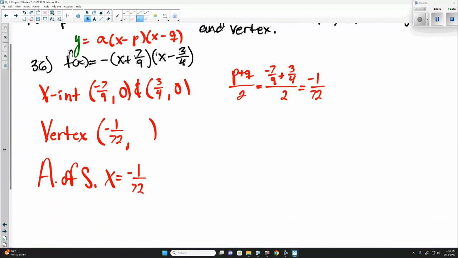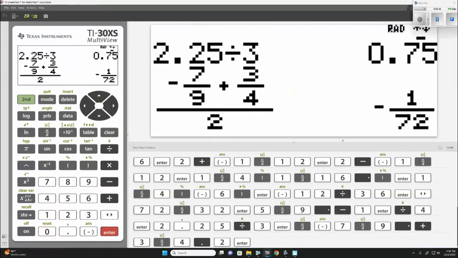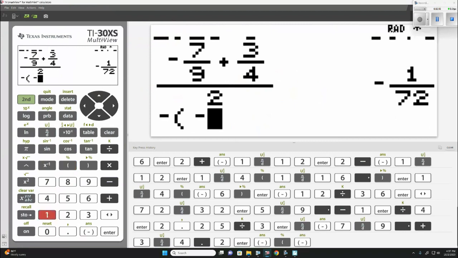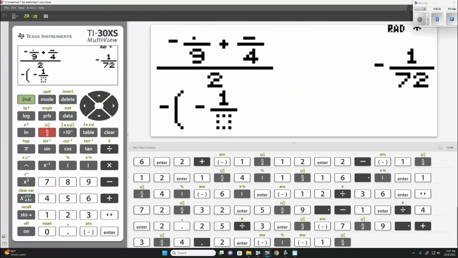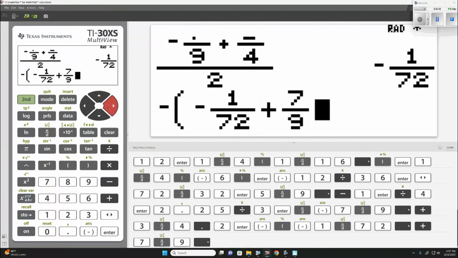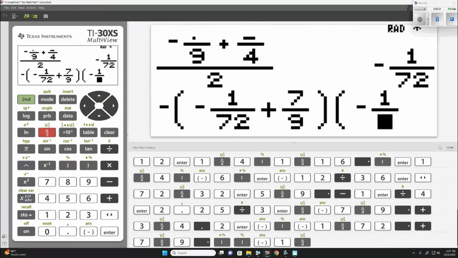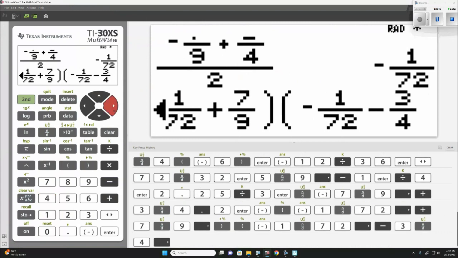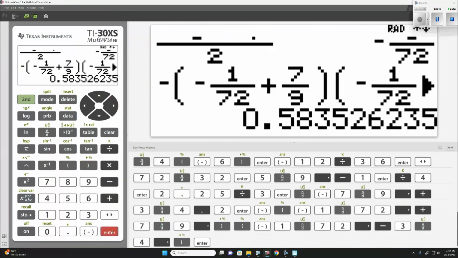And we can plug that back in. So we have negative 1/72 plus 7/9 times negative 1/72 minus 3/4, is this here.